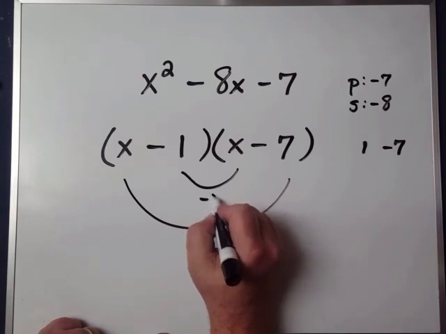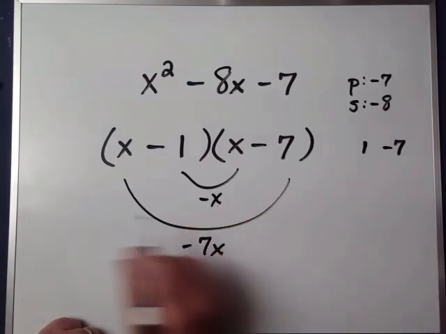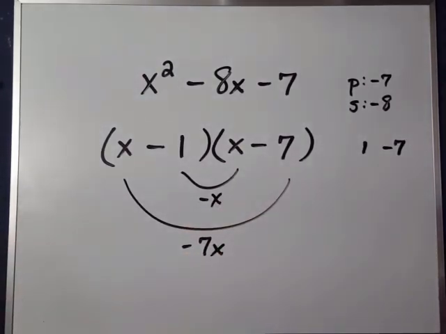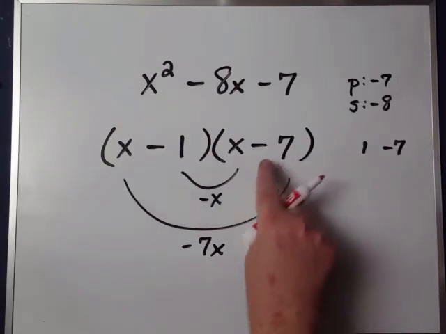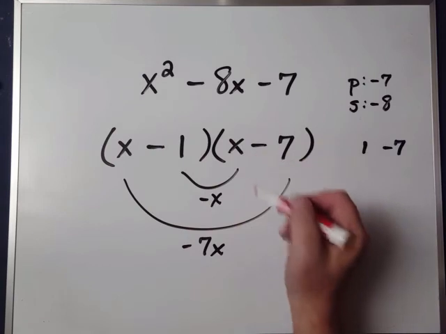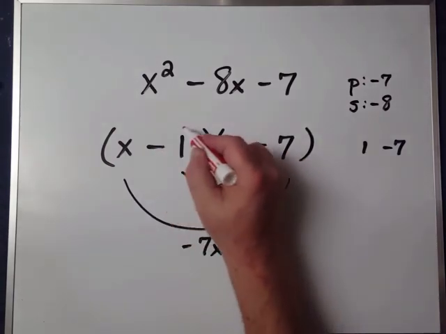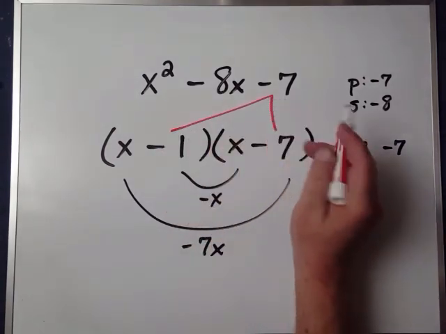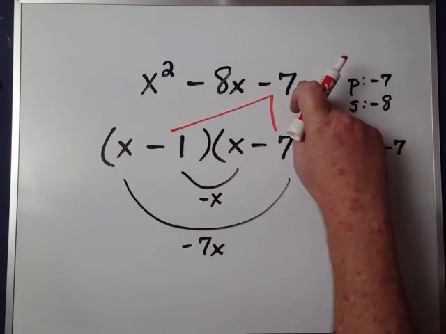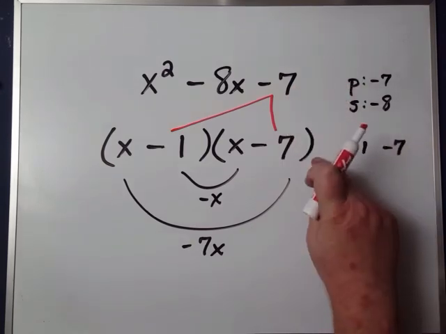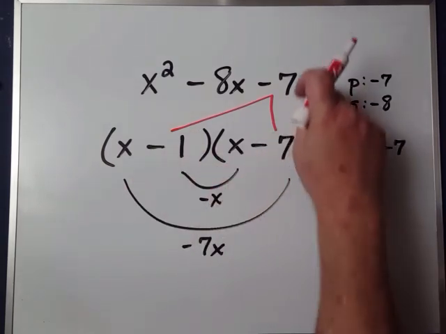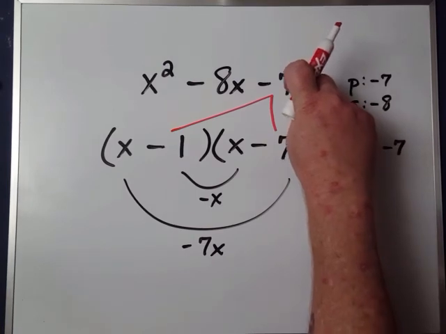That works, doesn't it? No. Absolutely not. And why not? FOIL that back out completely. You will get your x squared, but -1 times -7 does not return -7 here at the end. When you check this by foiling it back out, you'll have a +7 at the end.